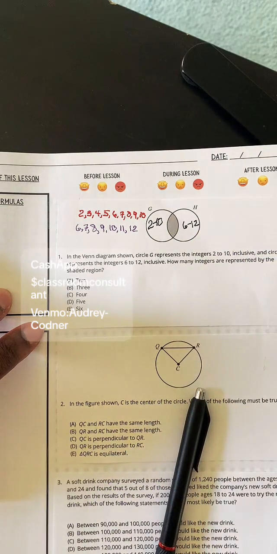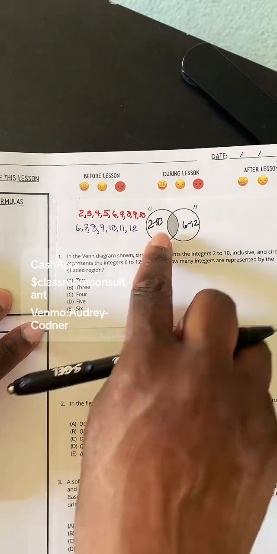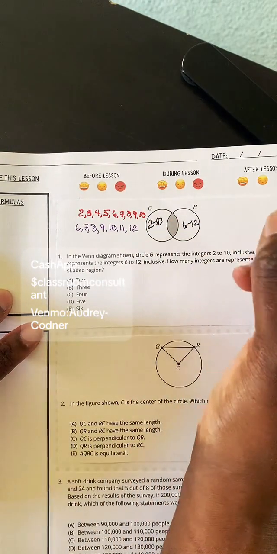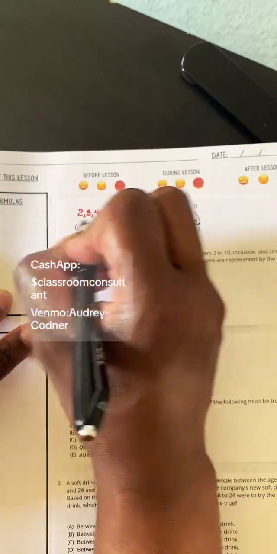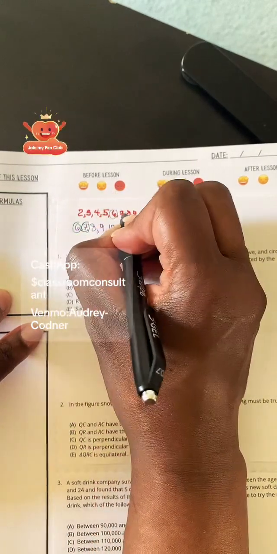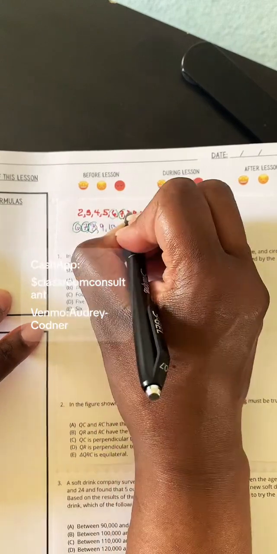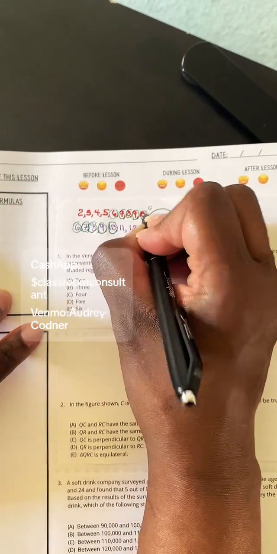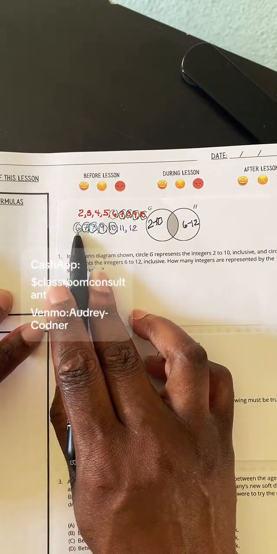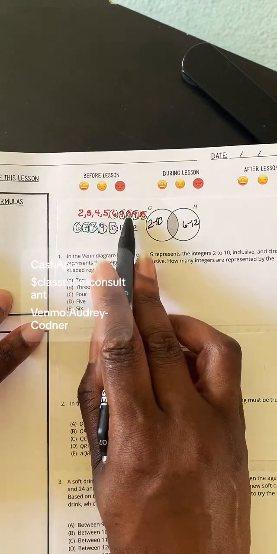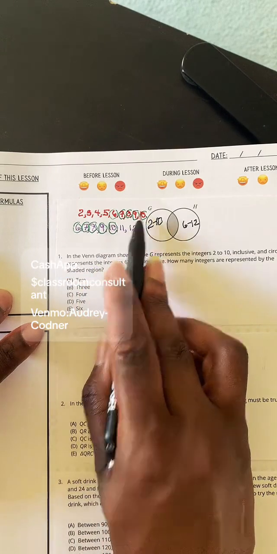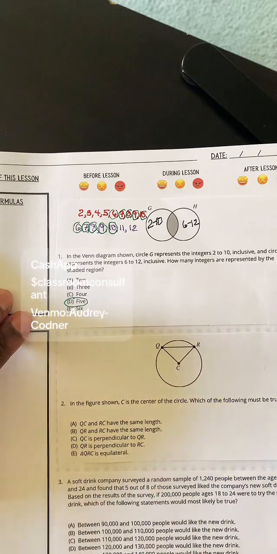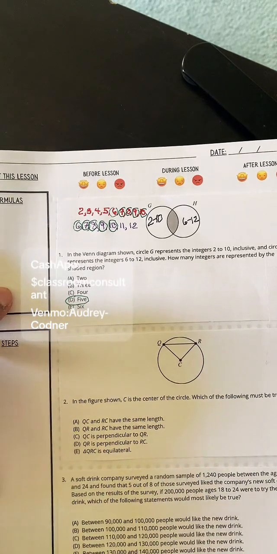So all you have to do is figure out what happens in both of the sets. So we have 6, and Pong is saying 5 of them. 7's involved, 8's involved, 9's involved, and 10's involved. So that means there are 1, 2, 3, 4, 5 numbers that they have in the shaded region. So those are the numbers that are here.